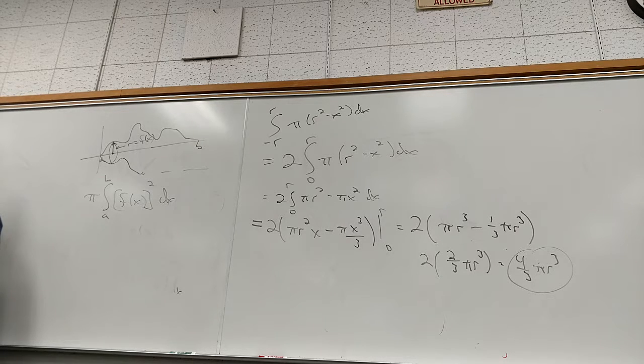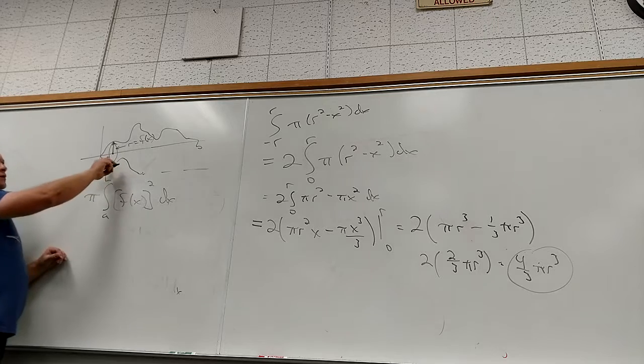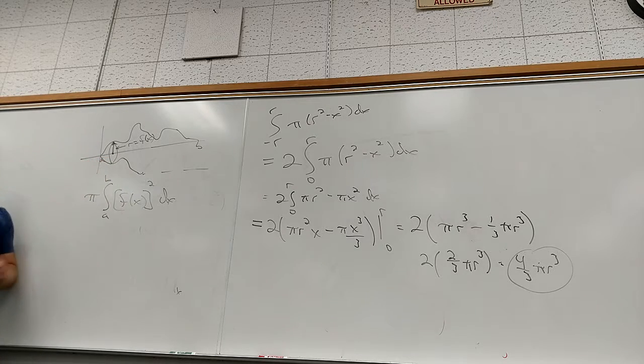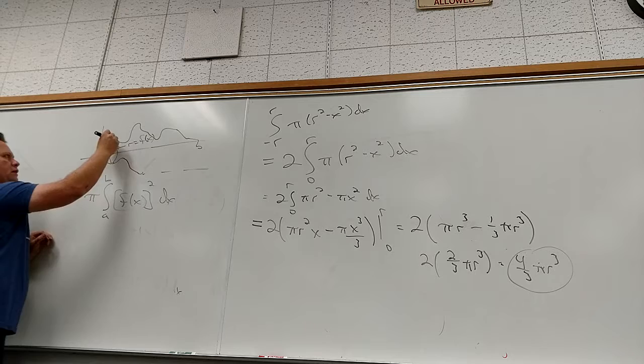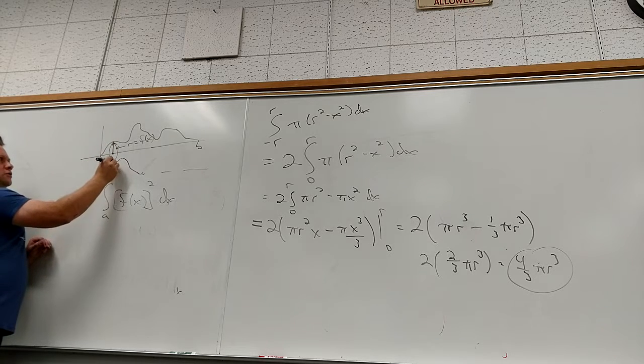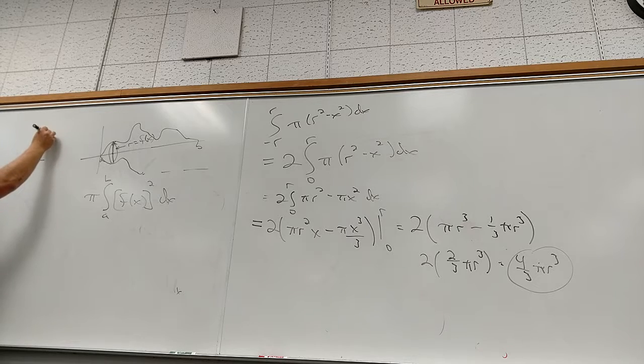Isn't that cool? Now, a slightly different way to look at this is, where is dx on this? You don't have to look at it this way to develop this idea, but let me throw this in because it becomes really important really soon. Where is dx on this? Well, dx would be a little tiny step, right? So then I would get this. Then I get that disk I was talking about.